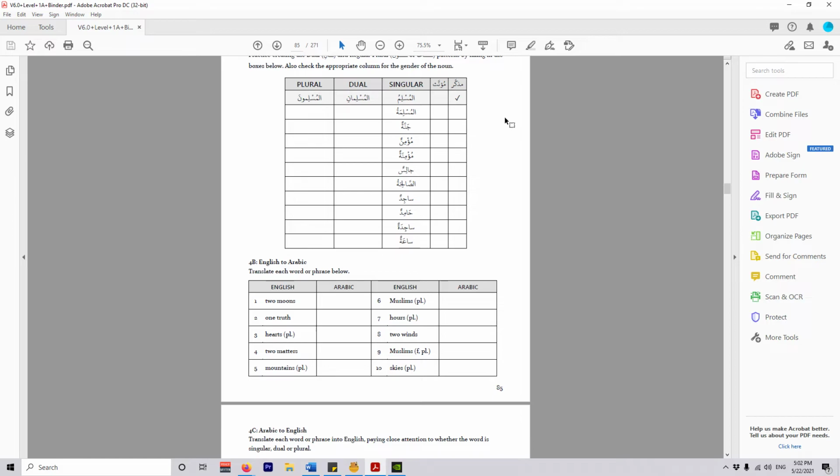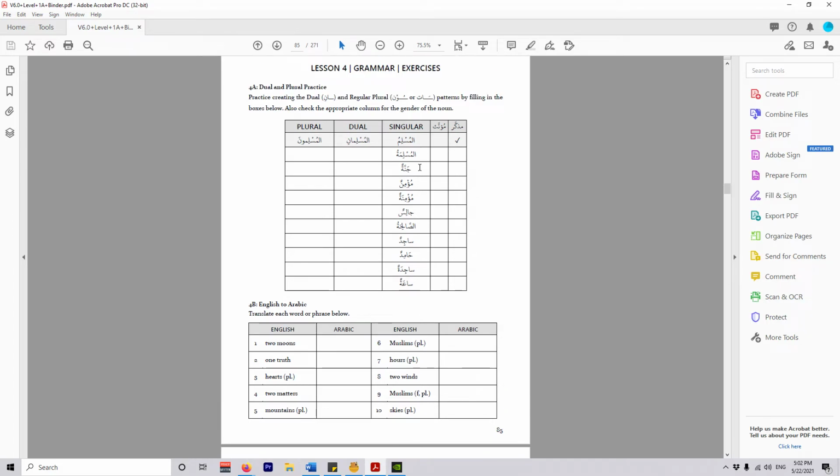And then here we have the exercises. So this is so you could put it into practice. How do you make it dual and plural? So we should have al-muslimatani, al-muslimatu, excuse me. And then we have jannatun, so jannatani, and jannatun.